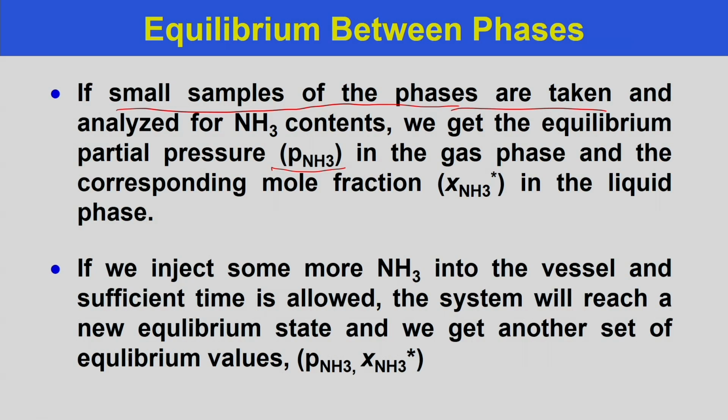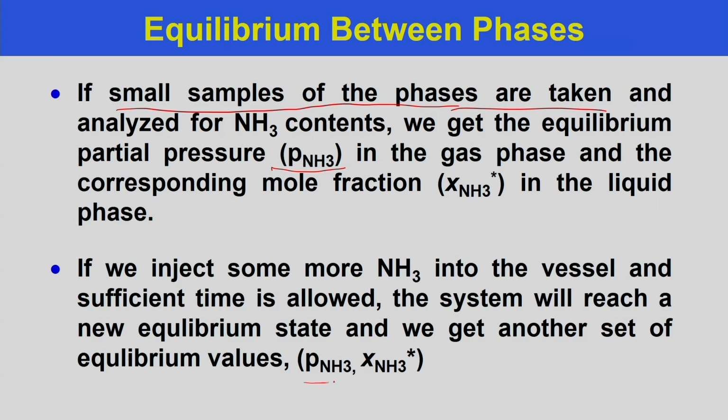Now, if we inject some more ammonia into the vessel, what will happen? If we allow sufficient time so that the system reaches the equilibrium state again, because we have injected more ammonia into the system, then once equilibrium is reached, we can take out samples like in the first case and analyze their concentration for both phases, gas and liquid.